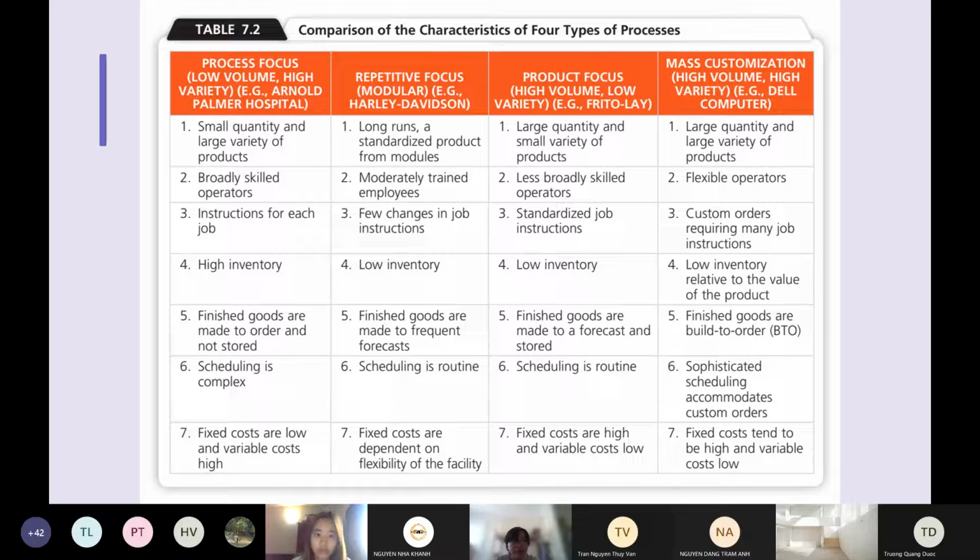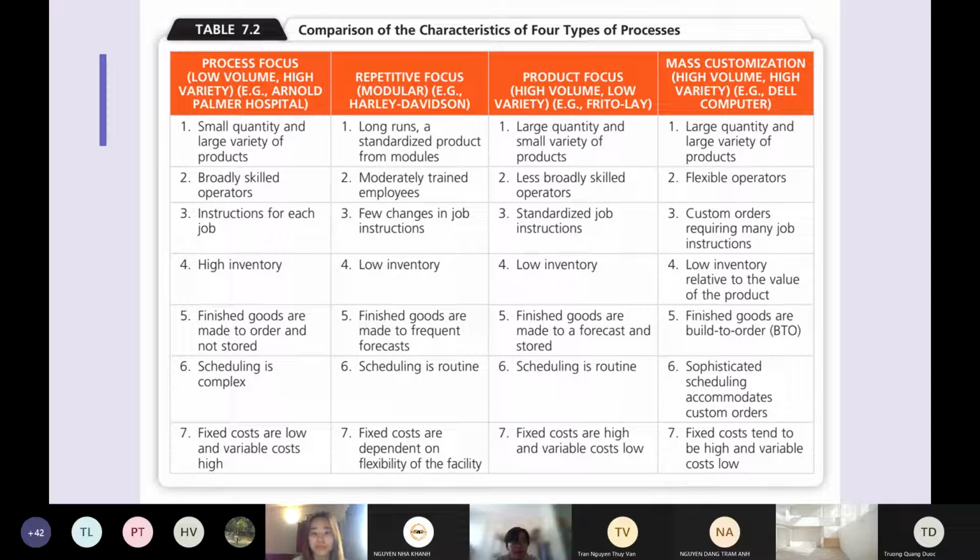For inventory, process focus has little inventory, and finished goods also. The process focus does not store, like the hospital does not keep the patient. Repetitive focus and product focus both forecast their finished goods. Mass customization finished goods are built to order.